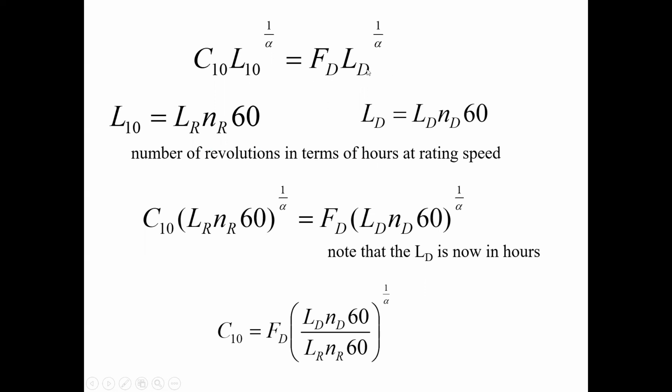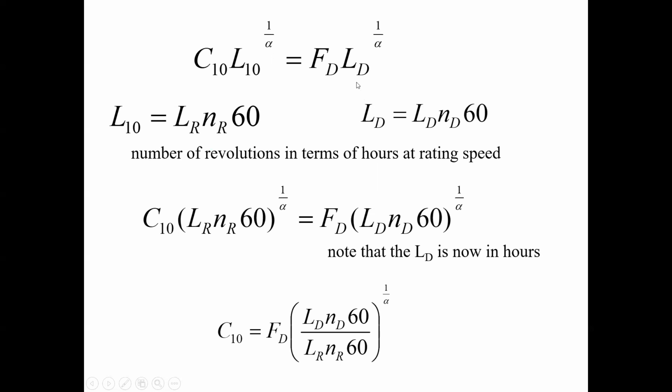The symbol will be the same, but it has different meanings. This L10 can be substituted as LR over NR60. This LD can be substituted as LD equal to this one. This LD is not the same as this one, but they use the same symbol.